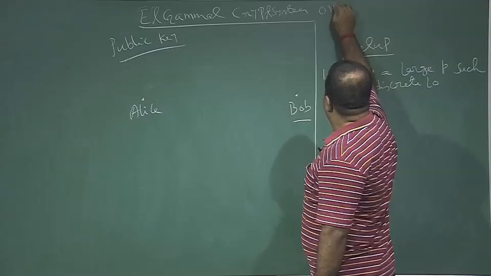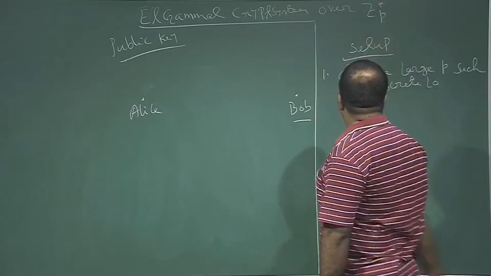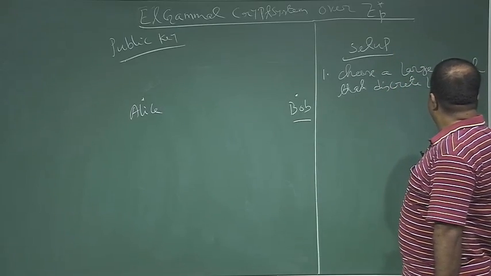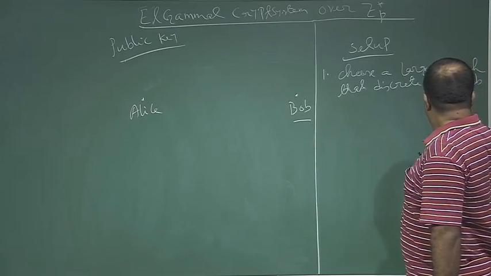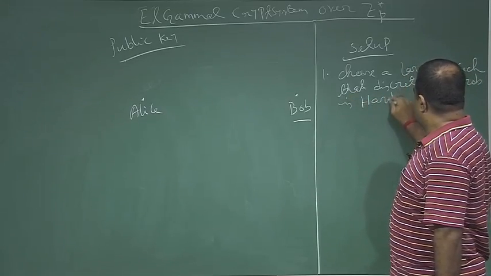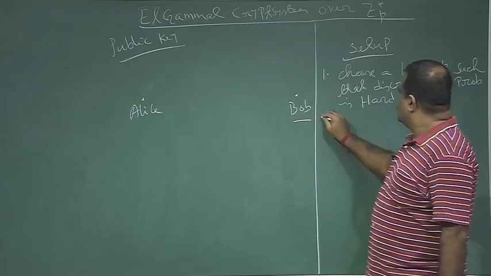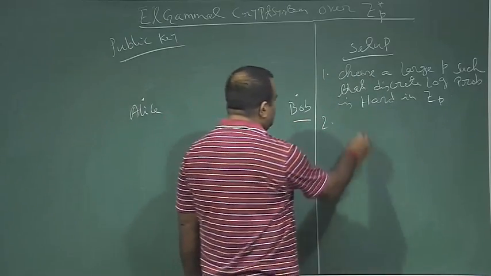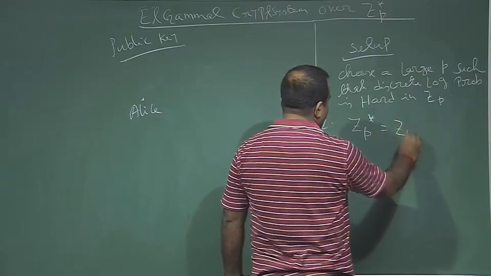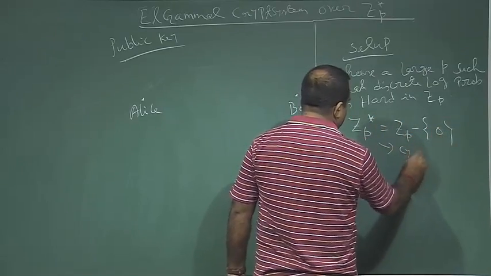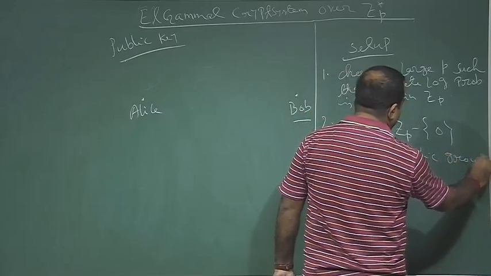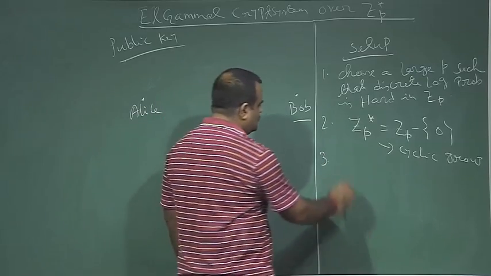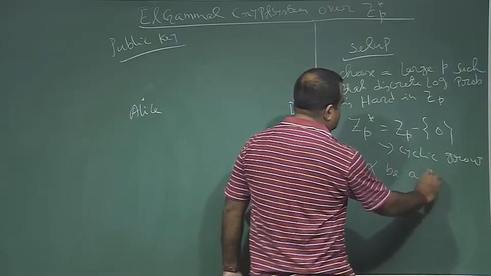This is the ElGamal Cryptosystem over Zp star. Then Zp star, which is Zp minus 0, is a cyclic group, so it has a generator. Bob will choose the generator. Let alpha be the generator or primitive element.